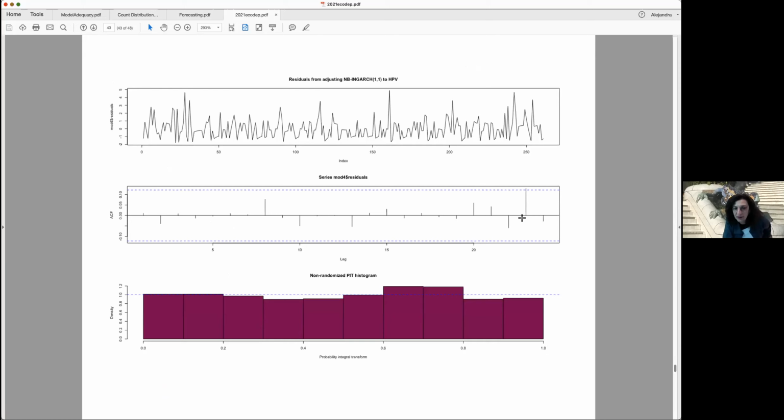Again, the autoregressive structure present in the data has been captured by the model, and the problems with overdispersion seem to have a better fit with this model than with the one before.